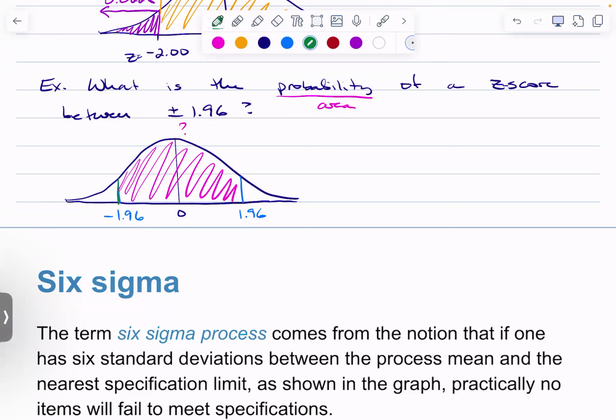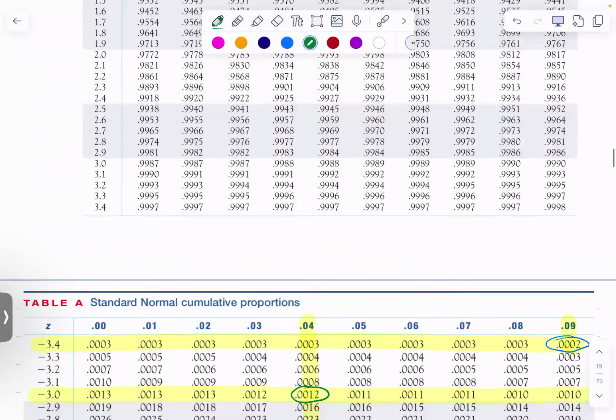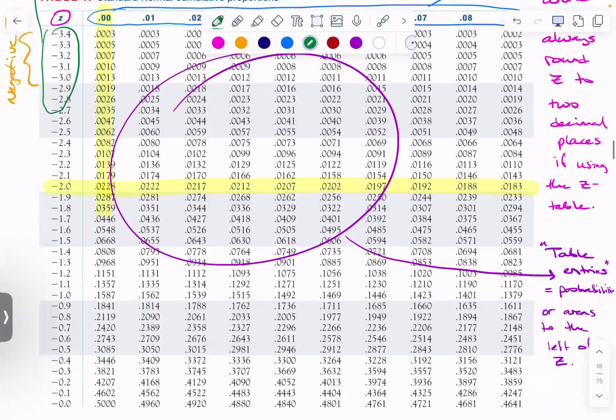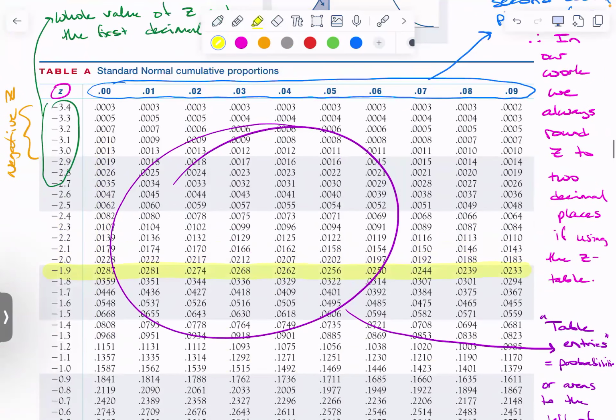So this here, where's my table? Negative 1.96, I want to make sure I'm on my negative side. I really marked this up, didn't I? Negative 1.9, and then I'm going to go down from 6. I get a beautiful, well, I circled it.